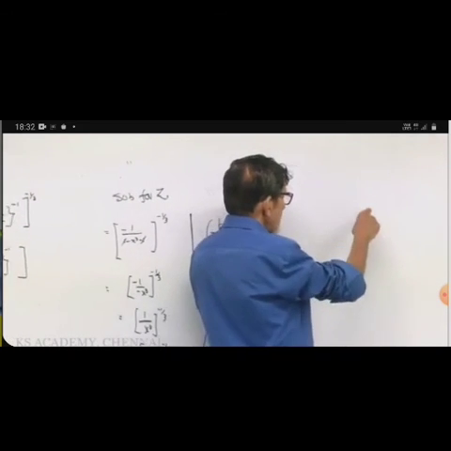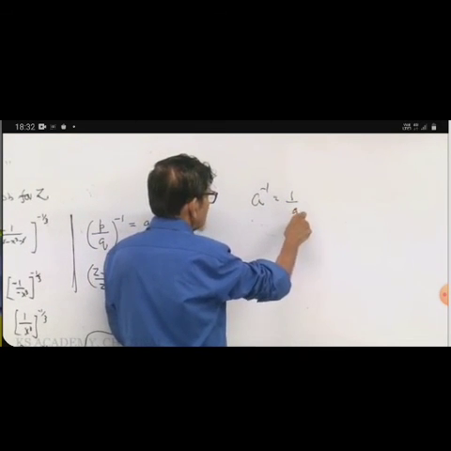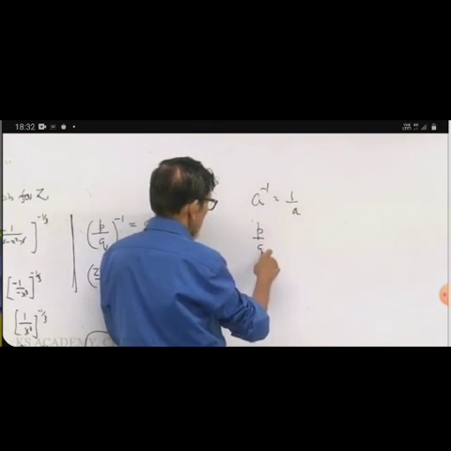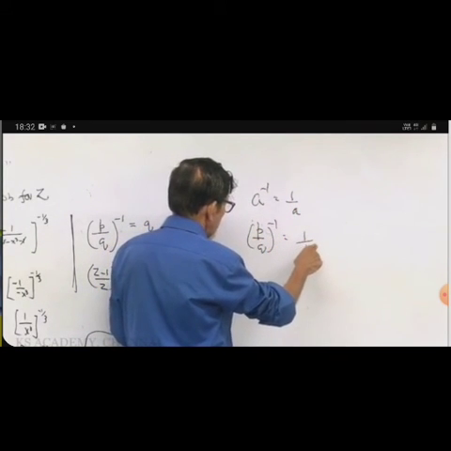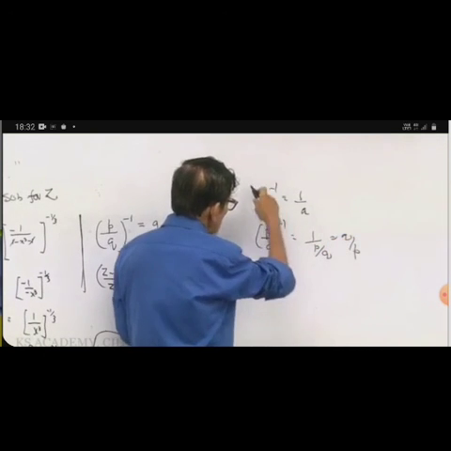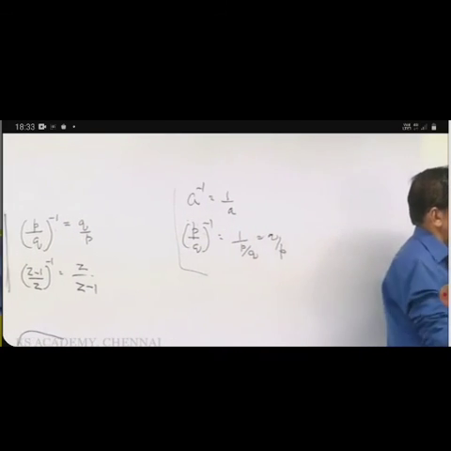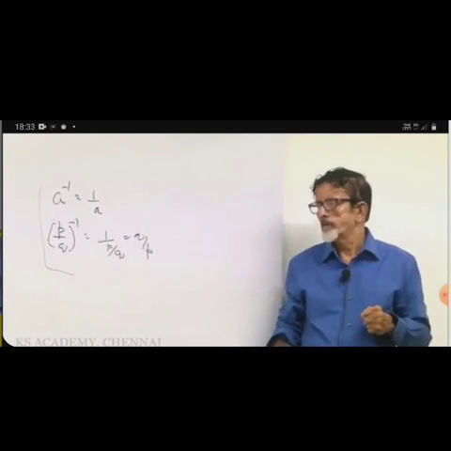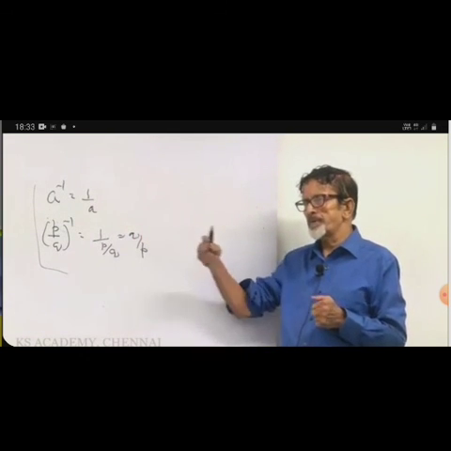Anybody having confusion? A power minus 1, 1 by a. P by q whole power minus 1, 1 by p by q, q by p. How we are getting is not unwanted; what we have to put correctly, that you should know. Negative power paragraph, you check.